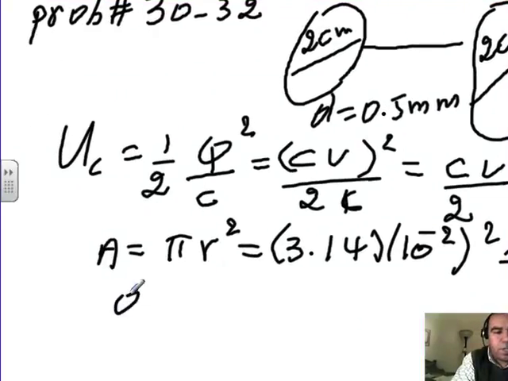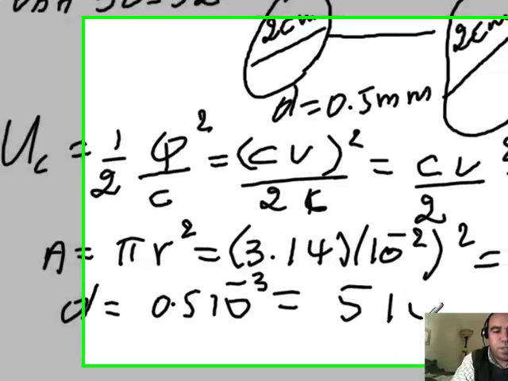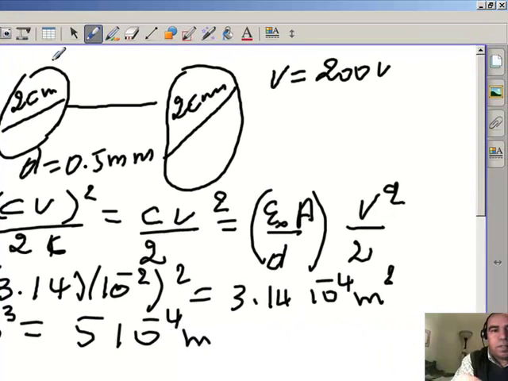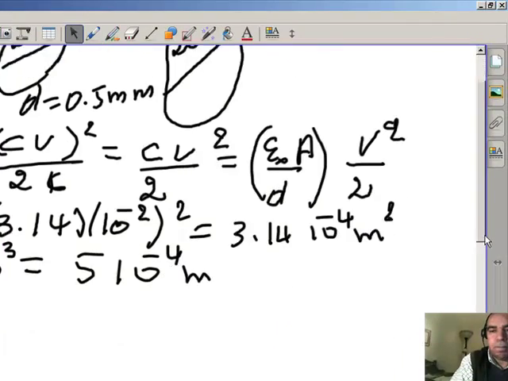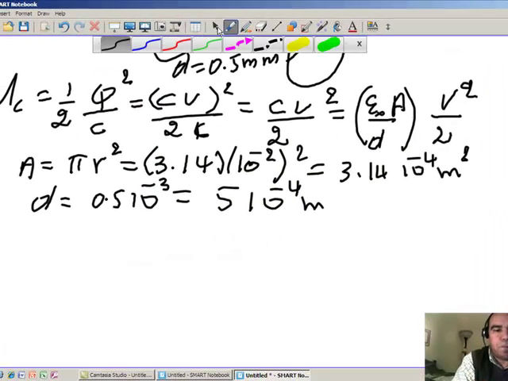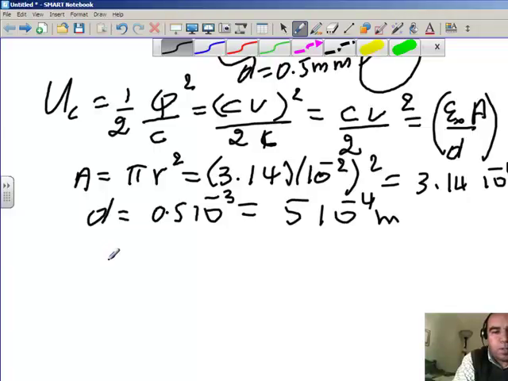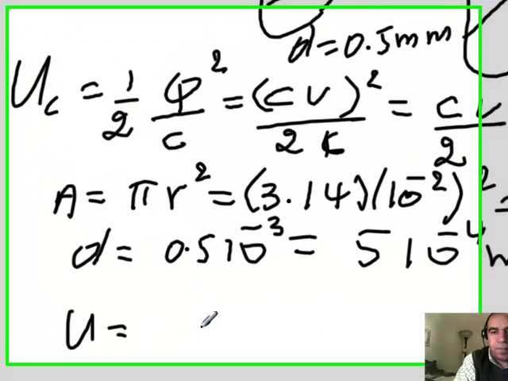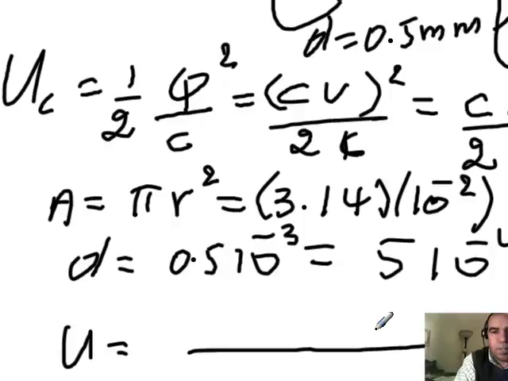The distance D is 0.5 times 10 to the negative 3, which is the same as 5 times 10 to the negative 4 meter. Okay, so the energy is, so half, let's write all these numbers here.